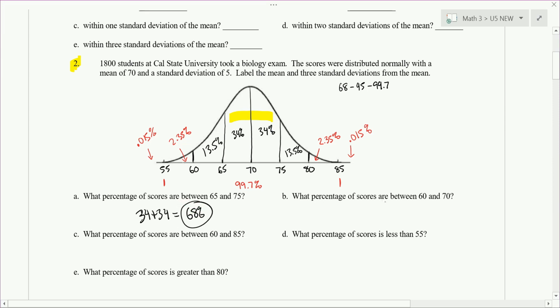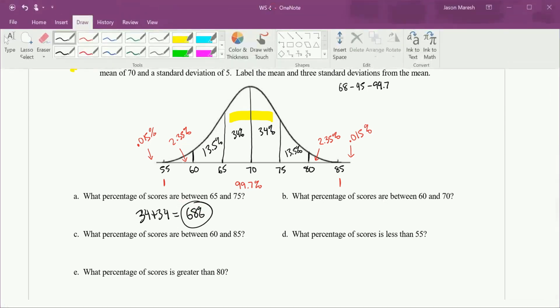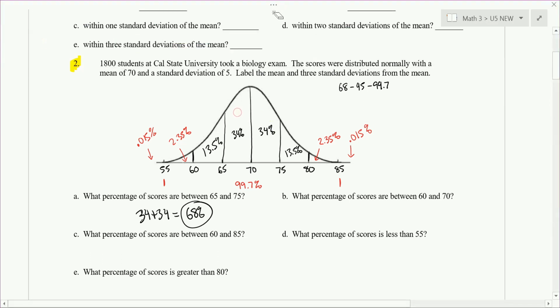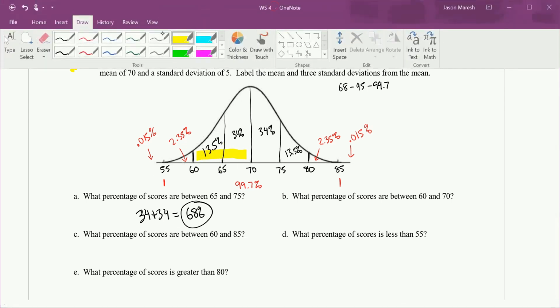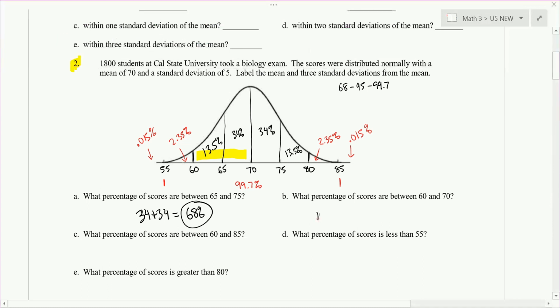B, what percentage are between 60 and 70? So 60 to 70, that would be 13.5 plus 34, which comes out to be 47.5%.